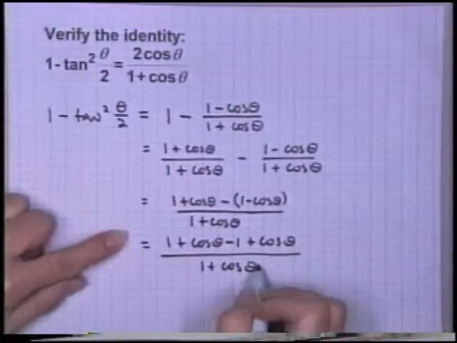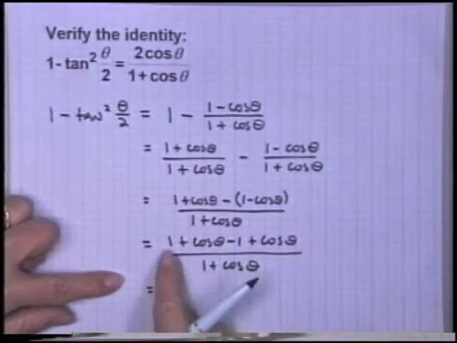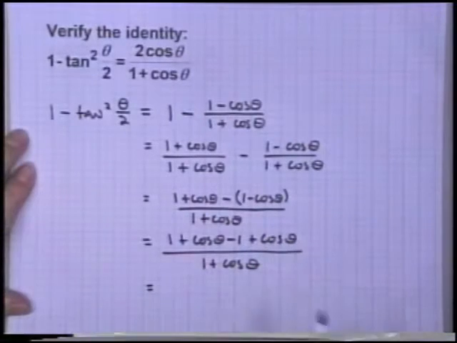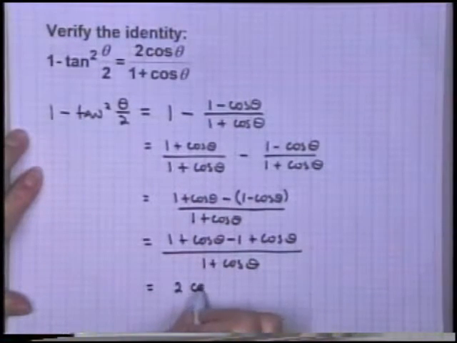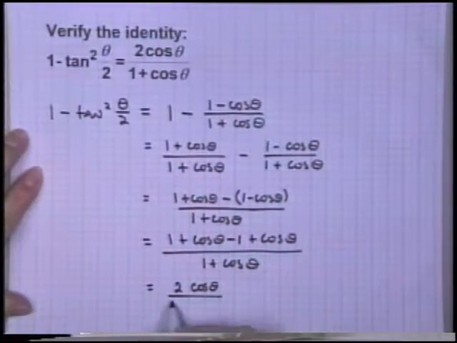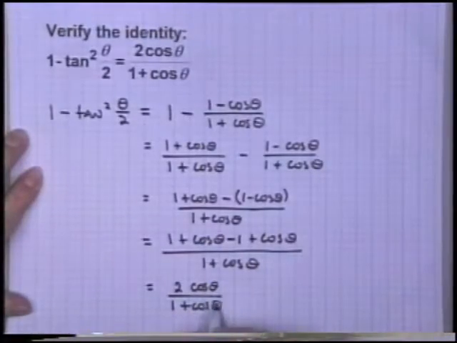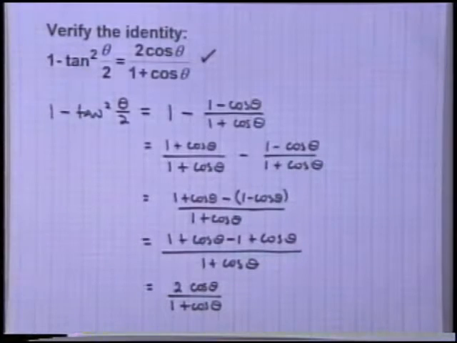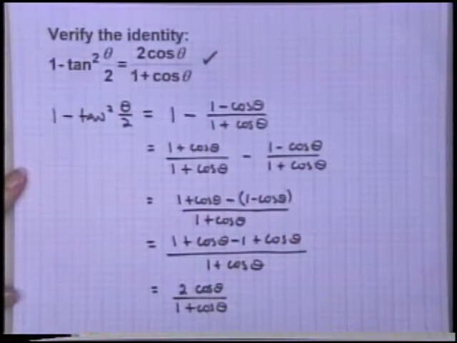All of this is over 1 plus cosine theta. So when I simplify, 1 subtract 1 adds to 0. Cosine theta plus cosine theta is 2 cosine theta, and that's over 1 plus cosine theta. And when you compare, we have verified that the two sides are equal.